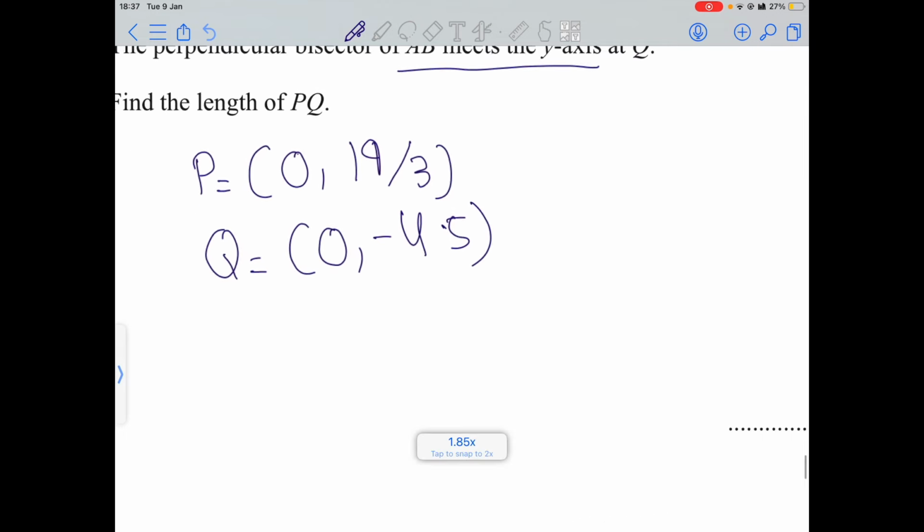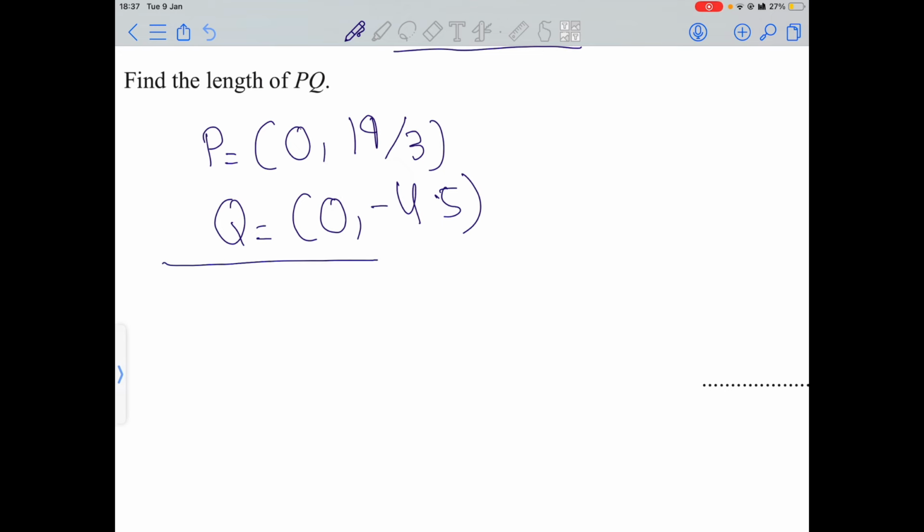Alright. Now you have to find the length between these two points. So the square root of x1 plus x2 squared. Okay. So let me just check this. All right.